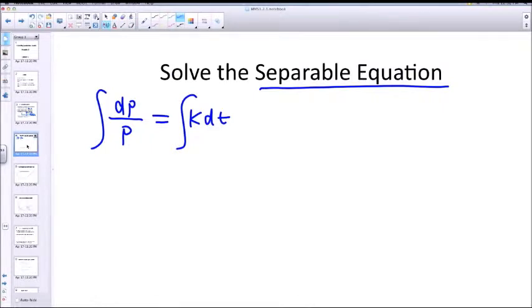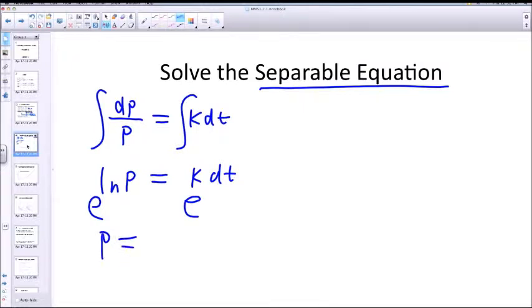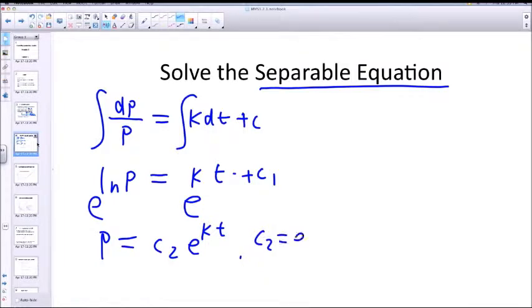In this case you get the logarithm of P equals kt plus a constant, and then take the exponential, and then P equals, I need to add the c, right? If you do an integral and add the c1, then you can call it c2 e to the kt. When you do the integration, you get a t, right? And the kt. What is the c2? c2 is e to the c1.